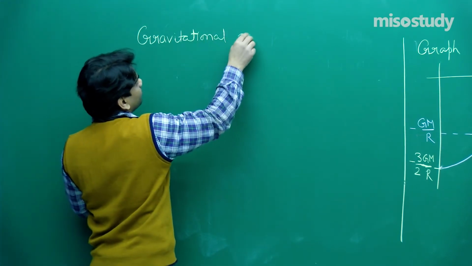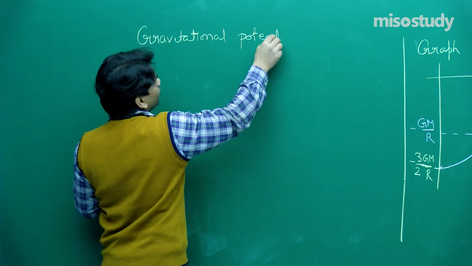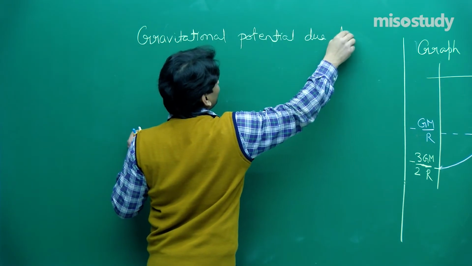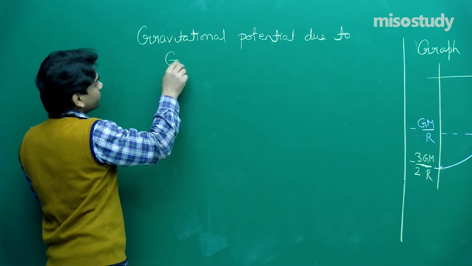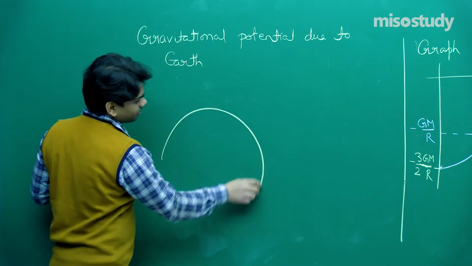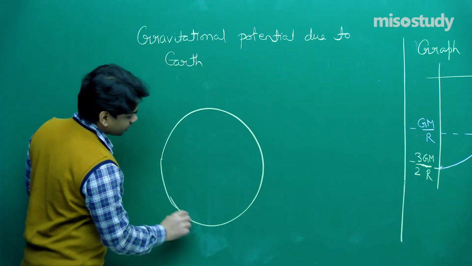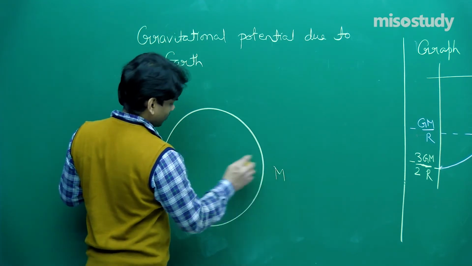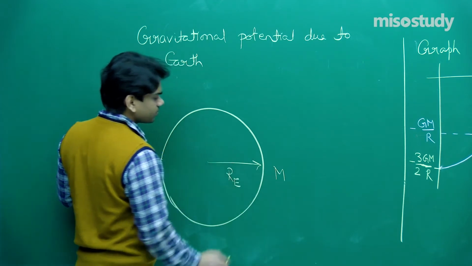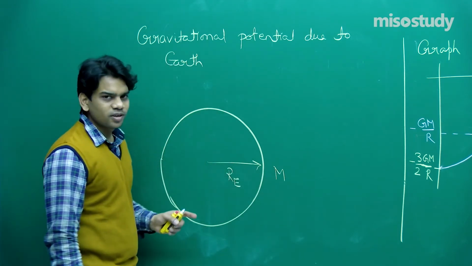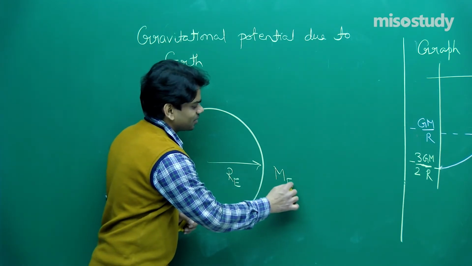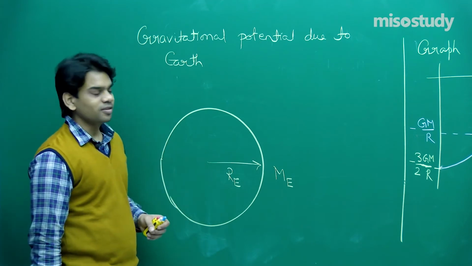Earth can be treated as a solid sphere of mass M, radius Re. You can think that it's a solid sphere whose mass is the mass of earth, and to show you specifically the earth, let me say its mass is Me, its radius is Re.